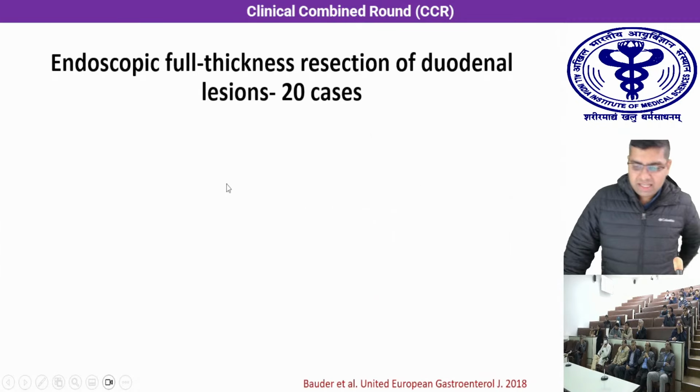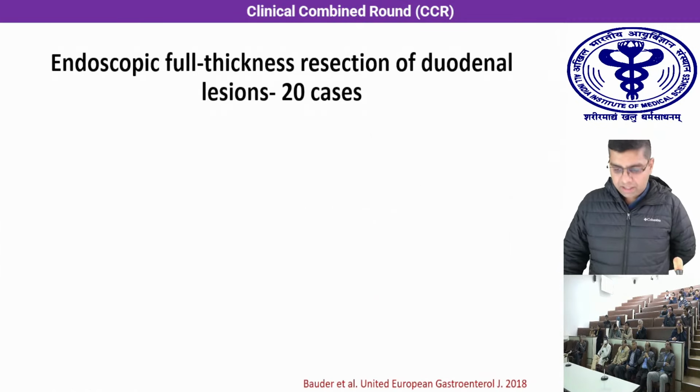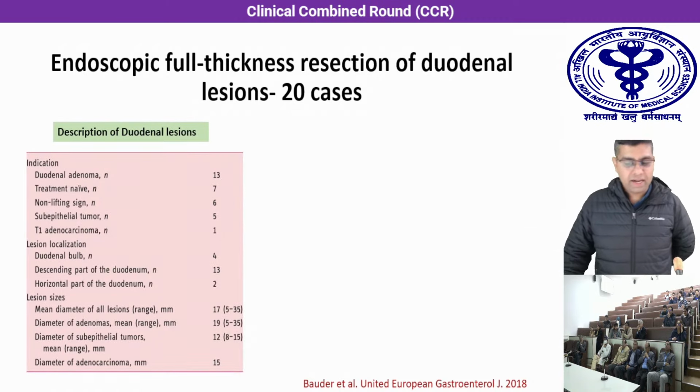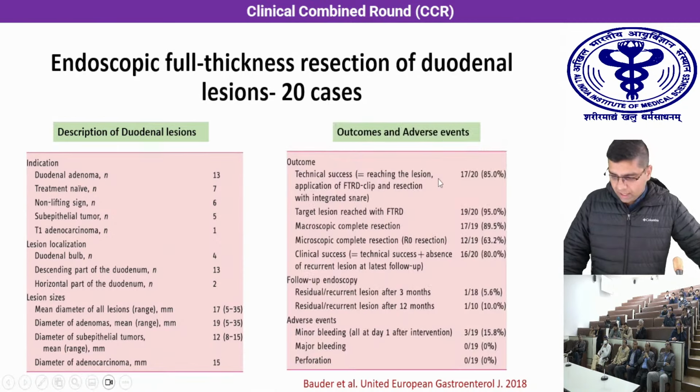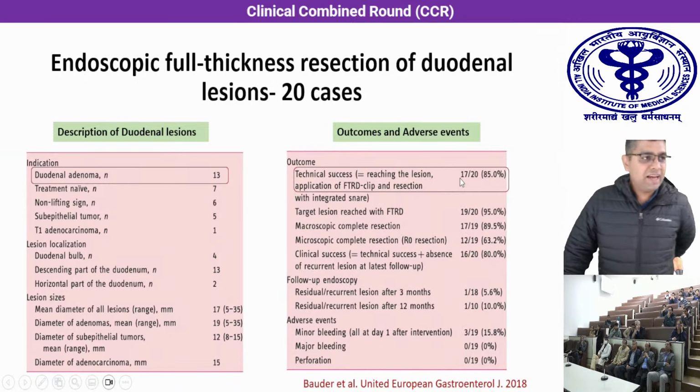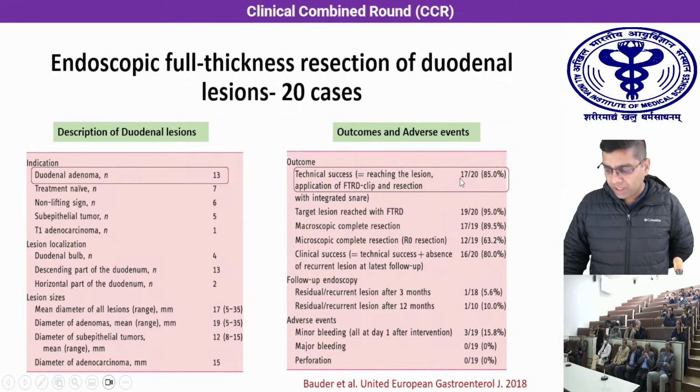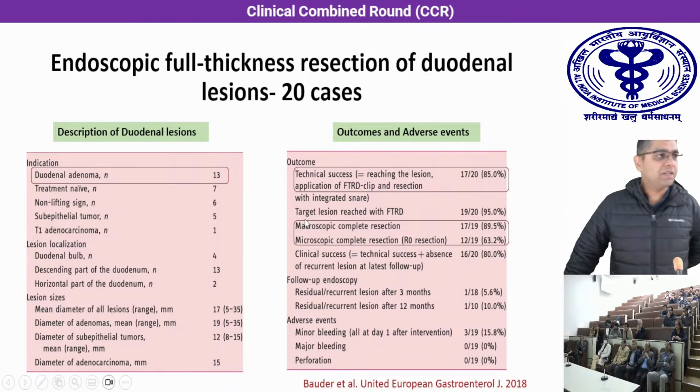This is the largest series of duodenal lesions treated using a full thickness resection device, most of which were duodenal adenoma. The technical success of device application and resection was around 85%, and R0 resection was achieved in 63% of the cases.